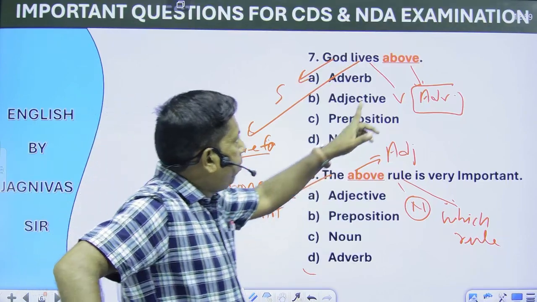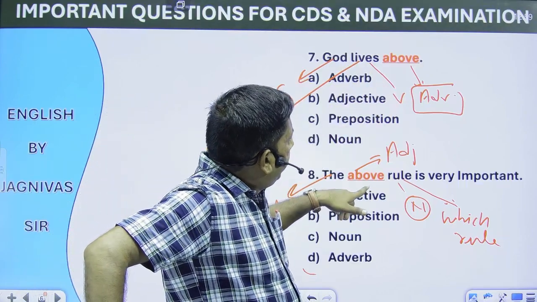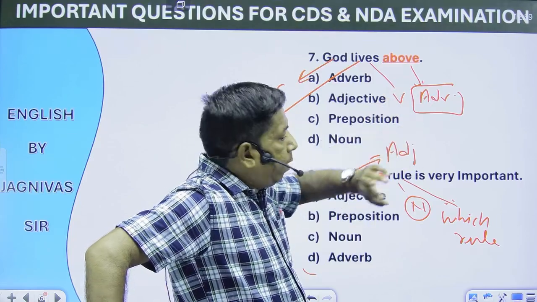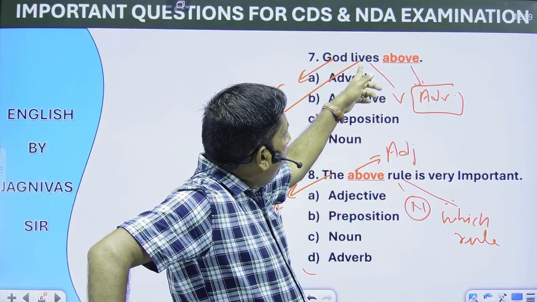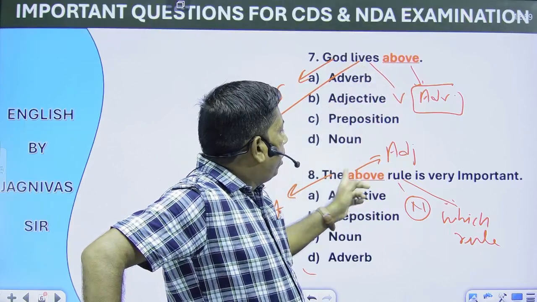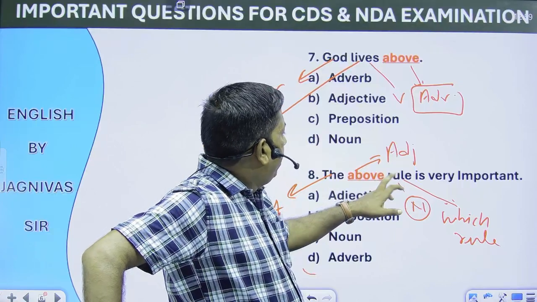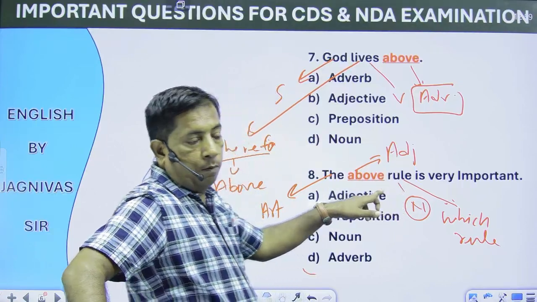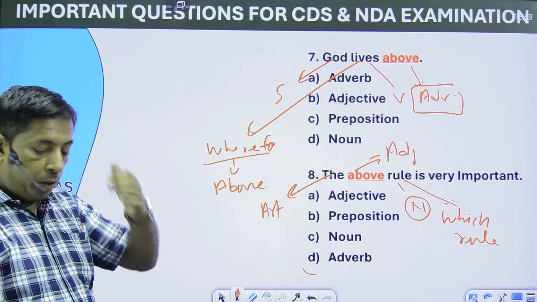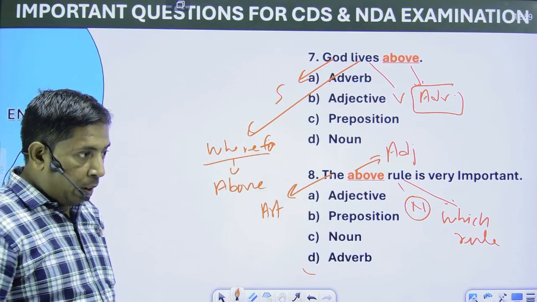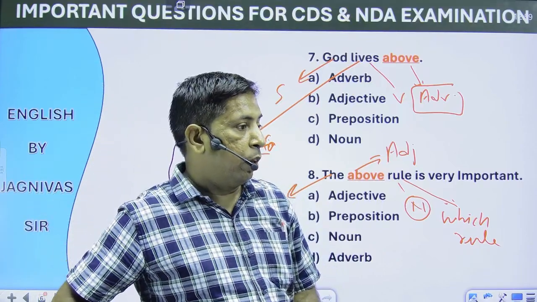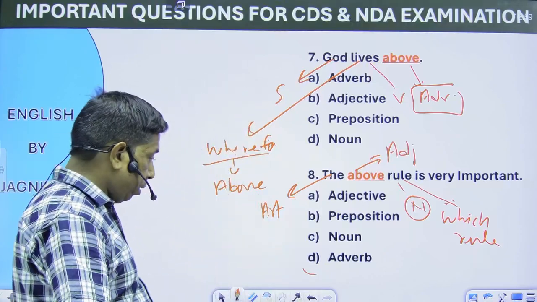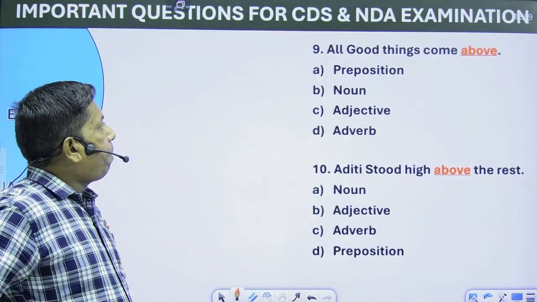Like the word is the same, above, but in both the sentences the part of speech of above is different. Here above is used for the verb, but in the other sentence, the above is used for rule, that is a noun. It means the part of speech of a word depends on the use.